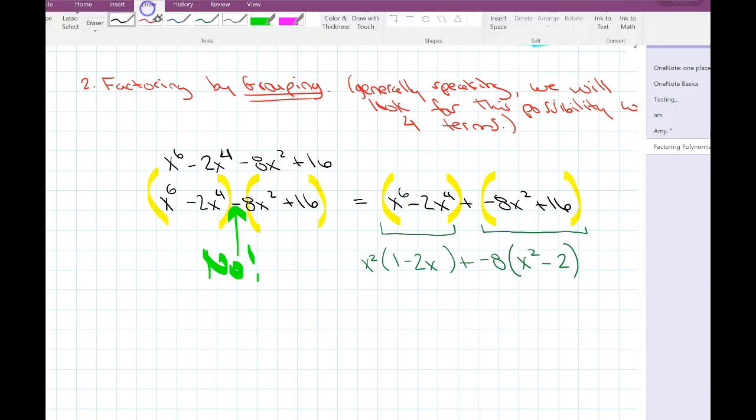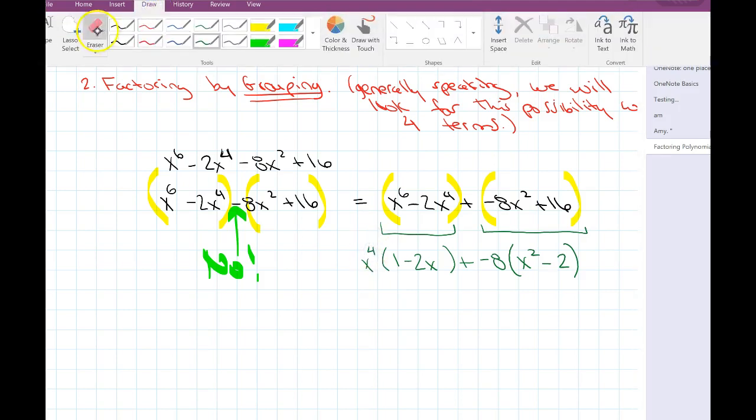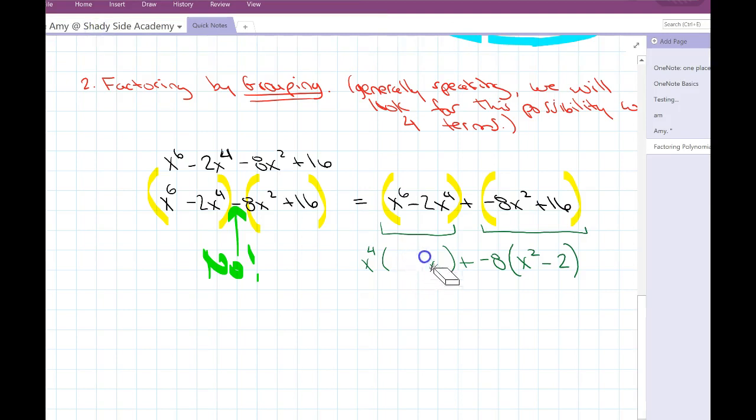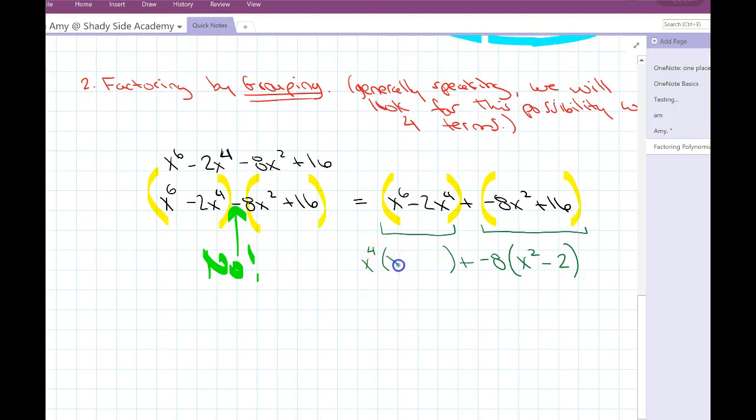So let me see, are you fixing this with me here, boys and girls? I hope you are. So x to the fourth is a common factor. And that means x squared minus 2. Okay, here we go. So now here's what I've done. When I've taken the GCF out of both groupings, here's what I've got.